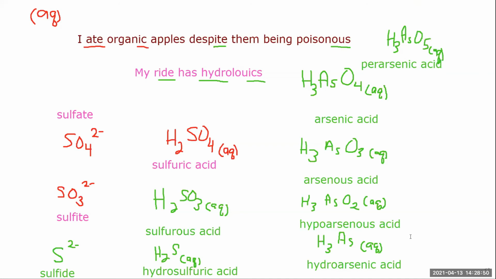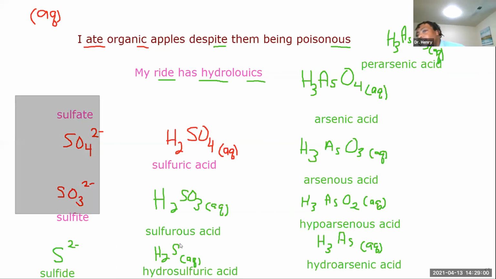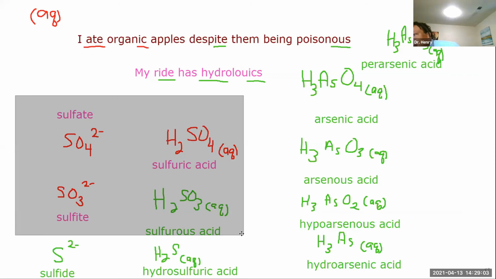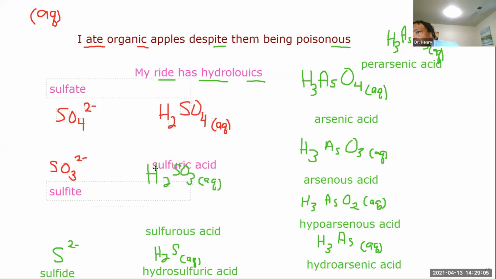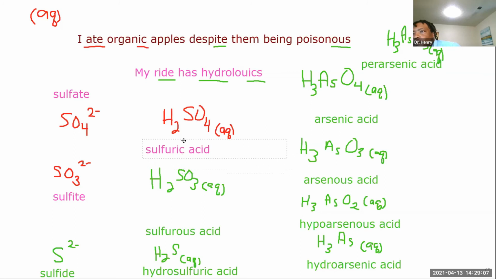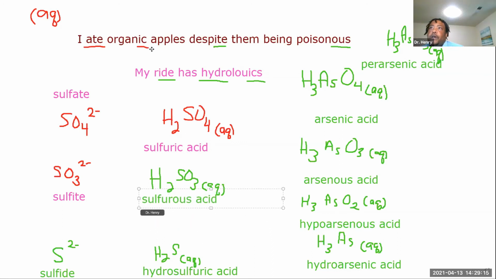I'm still a little confused on the hypo. Okay, so let's go here. We know that when we drop down to SO2 2 minus, that guy is called what?